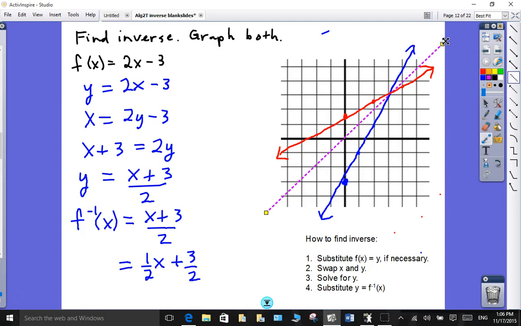At -3? Well, it should be, because the y-intercept is -3. And this should have an x-intercept of -3. I mean, my drawing isn't exactly that accurate, but yeah, that's the blue line.